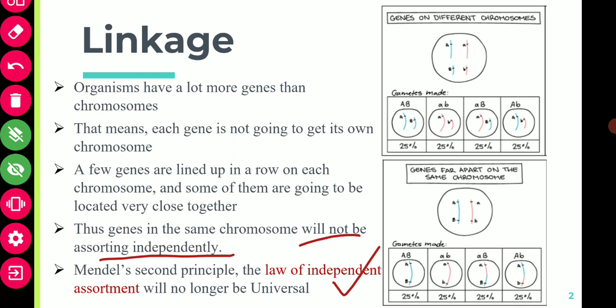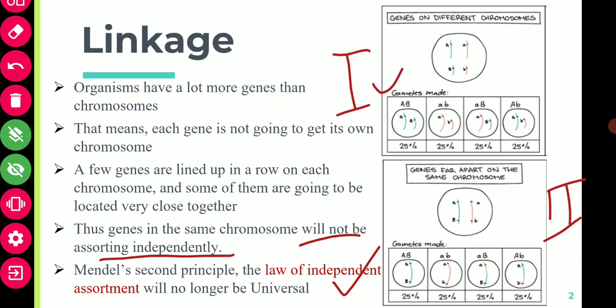Here in this diagram you can see the first case and the second case. In the first case you can see the genes A and B. A and B are two genes located on different chromosomes. So what gametes will they produce?